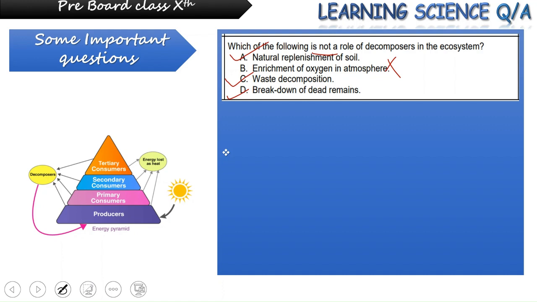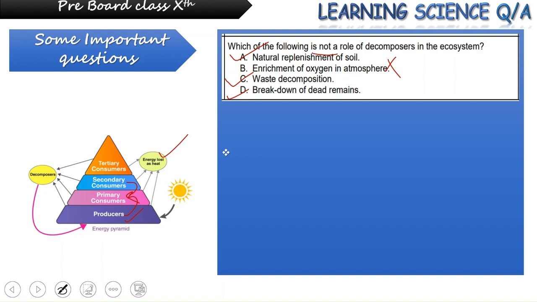At every trophic level, we have already seen from the sun, energy is trapped by the producer, which is then going to the primary consumer, then secondary consumer, and finally to the tertiary consumer. During this transfer of energy, a major amount of energy is always lost as heat, which is there in the environment itself.